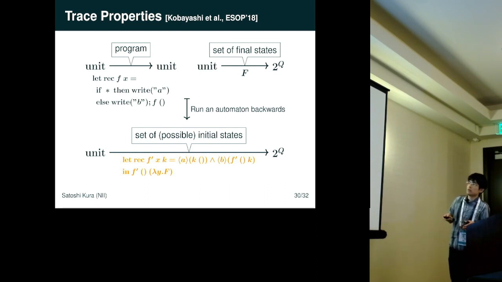Again, this problem can be solved by the weakest precondition, and our main theorem enables us to syntactically calculate the weakest precondition like this. And this solution is basically the same as what Kobayashi proposed.